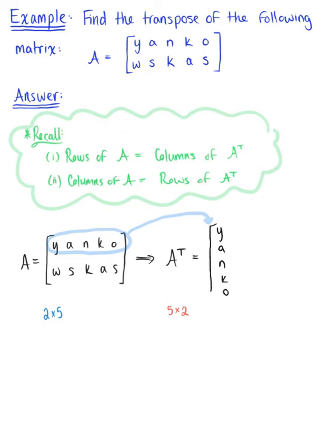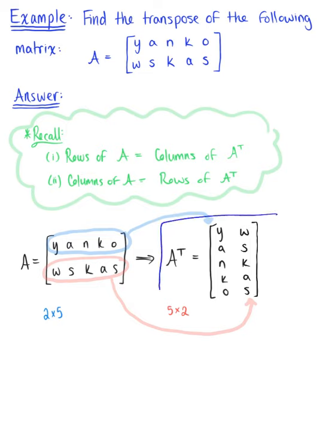So there is the first column of the transpose of matrix A. And now we want to do the same thing with the second row of matrix A. We are going to take the second row and map this to the second column of the transpose. So the second column will read W-S-K-A-S. And that's it. This is our beautiful final answer for the transpose of matrix A.